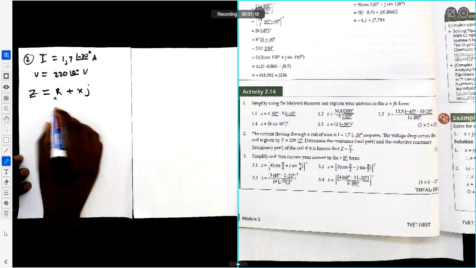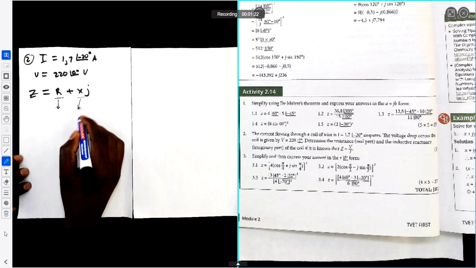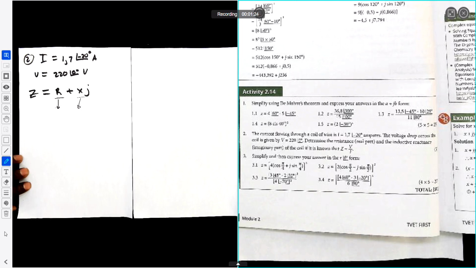So this is what we're looking for: the resistance and the imaginary part, the inductance, the reactance. I hope you see that is the rectangular form.